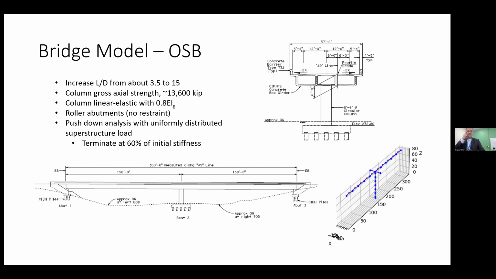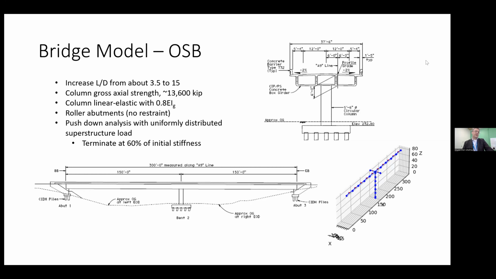Okay, so after showing you that nice picture of a curved bridge, I'm going to change gears to an ordinary standard bridge, which is straight, no curve. But using a model from a previous Caltrans project, we took a 2-span pre-stressed box girder bridge, just to get an idea of the assumptions that are made.